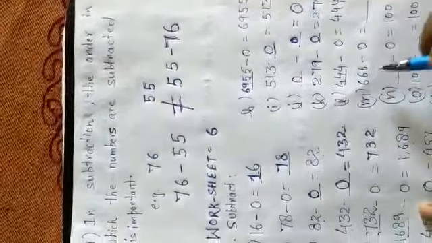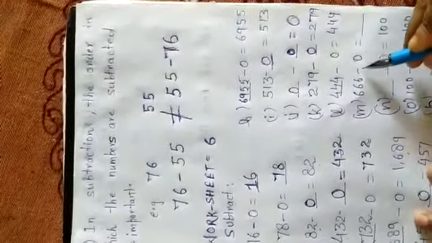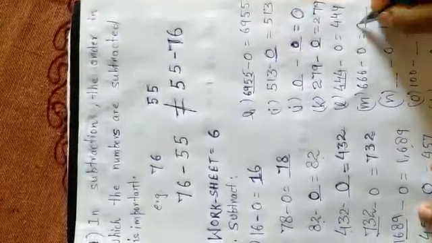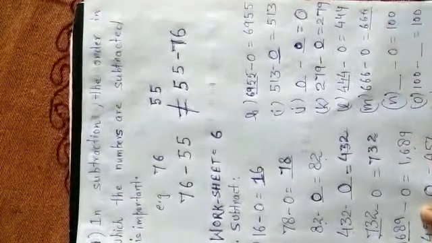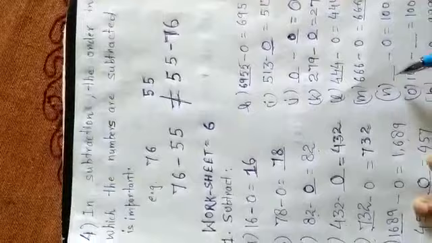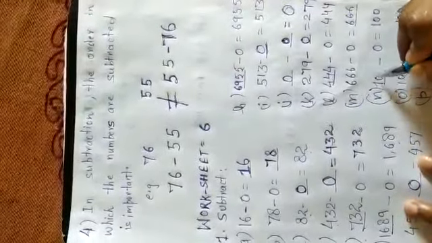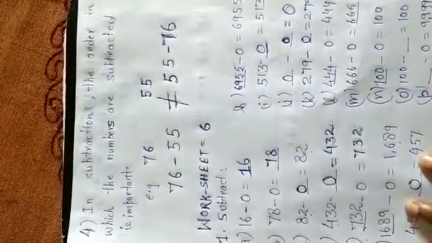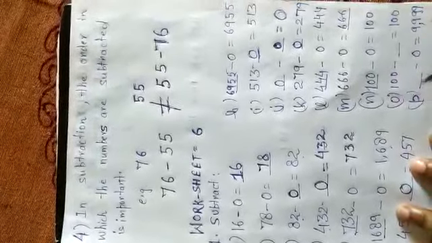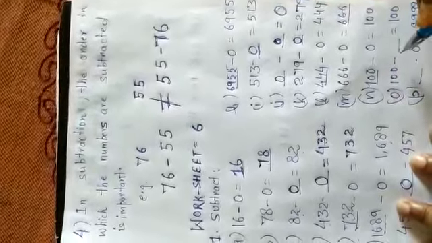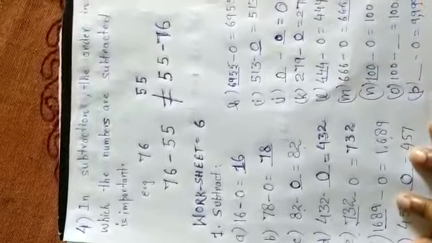Now next question, M. 666 is subtracted with 0, then the difference is 666. Now N. 0 is subtracted from what so that the difference is 100? 0 is subtracted from 100 to give the difference 100. Now O. Next question, 100 is subtracted with what to give the result 100?